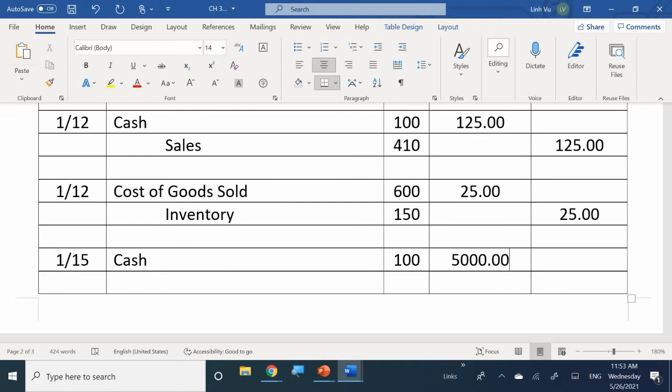However, what kind of account is a loan? It's a long-term liability. Good. It's a long-term liability, right?